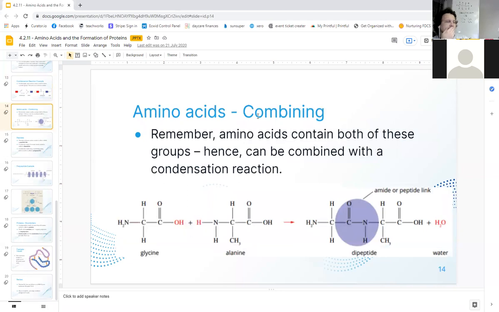So you can see that here. We have glycine, which is just, its R group is just a hydrogen. Alanine, where its R group is just a methyl group. They combine, and we start to build the protein chain.